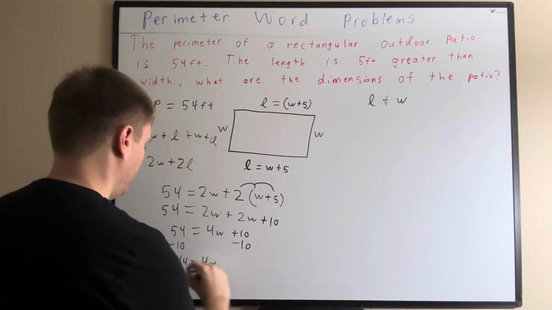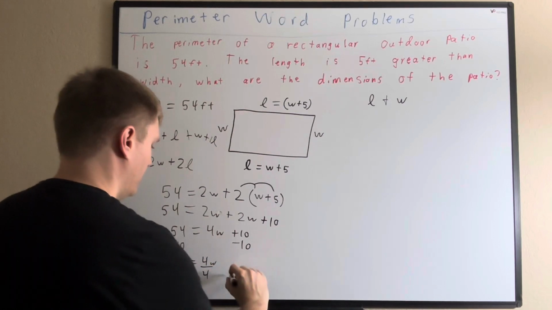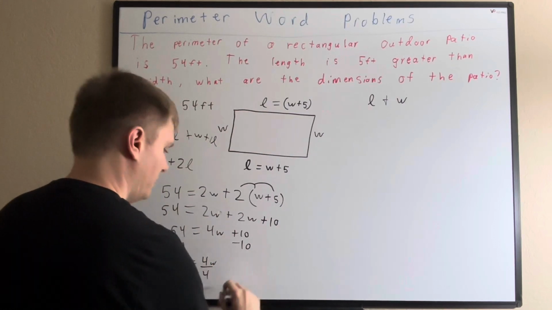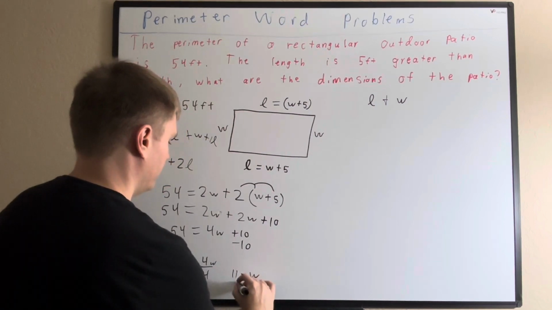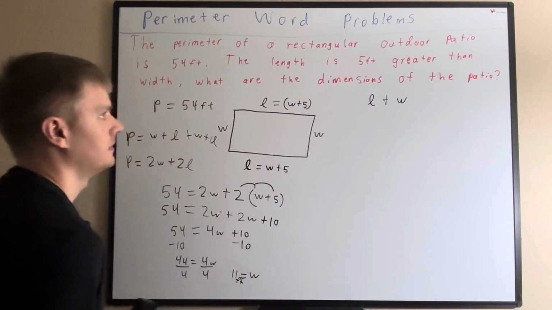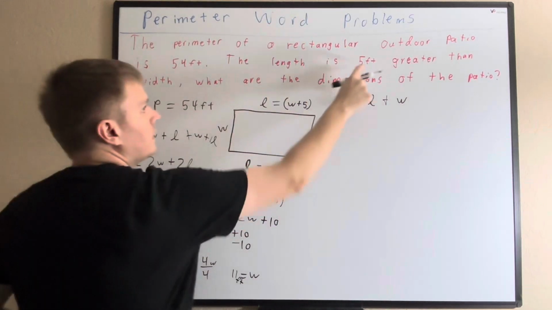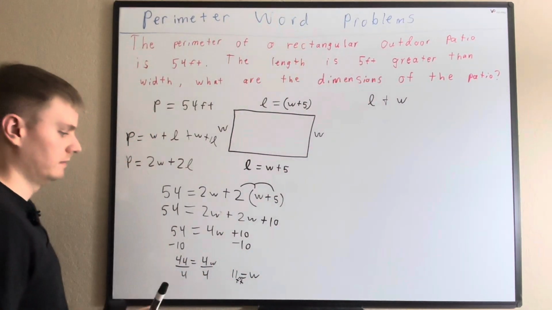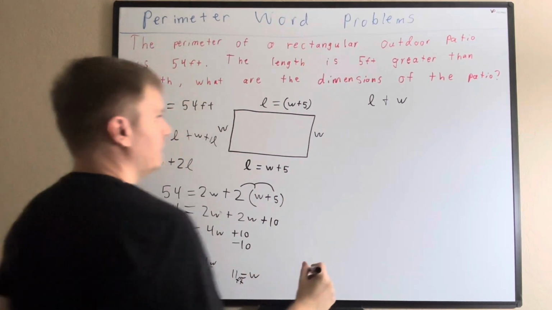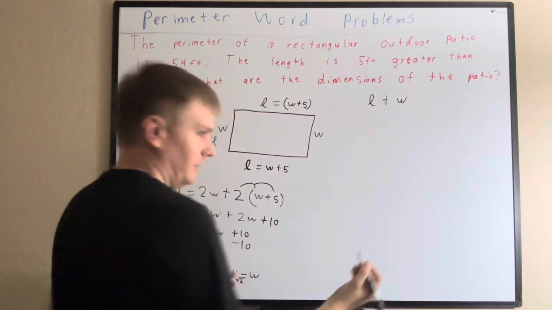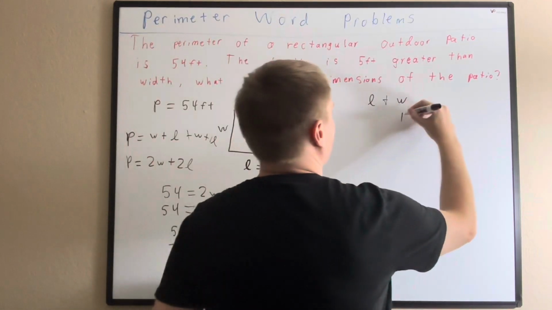Okay, divide both sides by 4. 44 divided by 4 is 11, right? 11 what? 11 feet. Got to remember what your units are. In this case, we're using feet. So the width is W. Okay, the width is 11 feet.